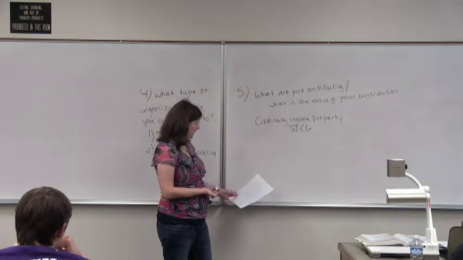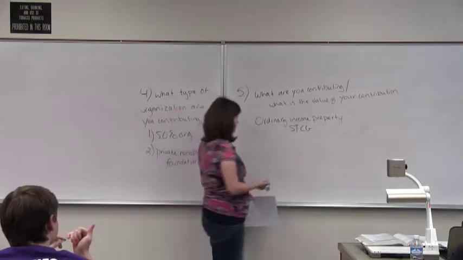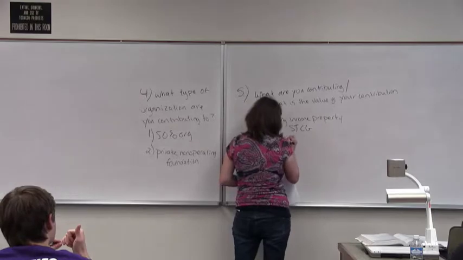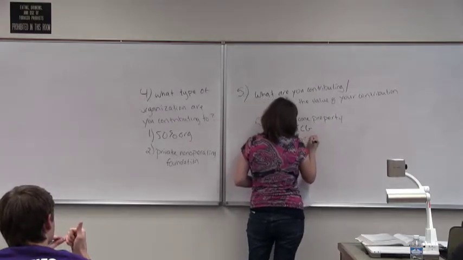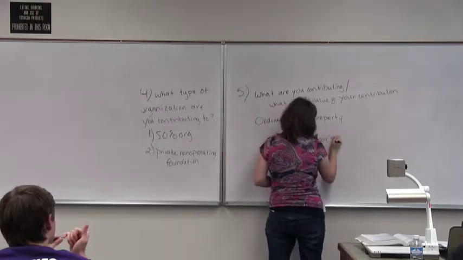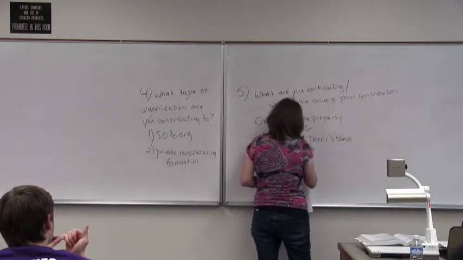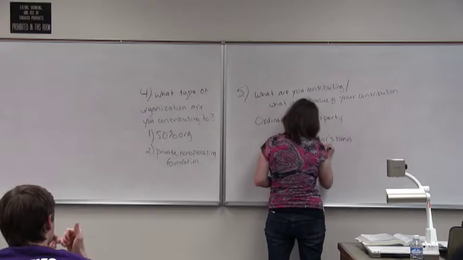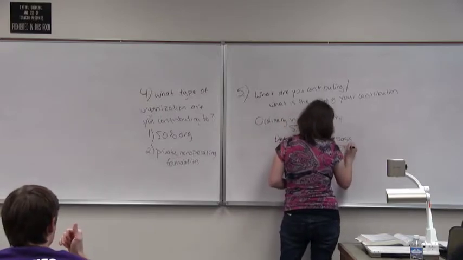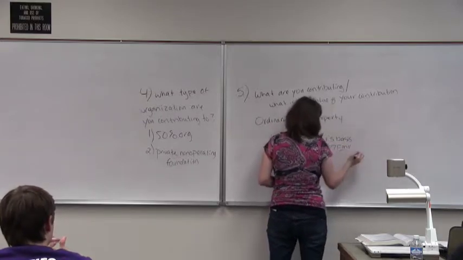If you have ordinary income property that is contributed, your deduction amount equals the donor's basis, unless the basis is greater than fair market value, so it's a loss property, then it's going to be the fair market value.